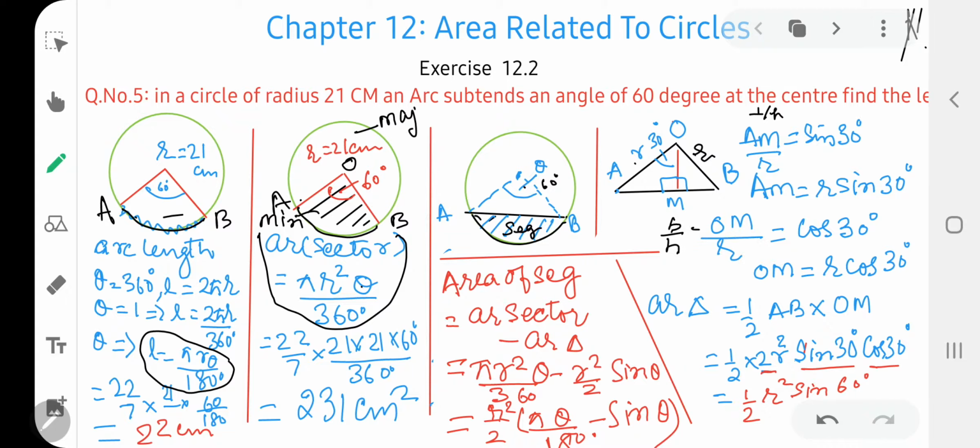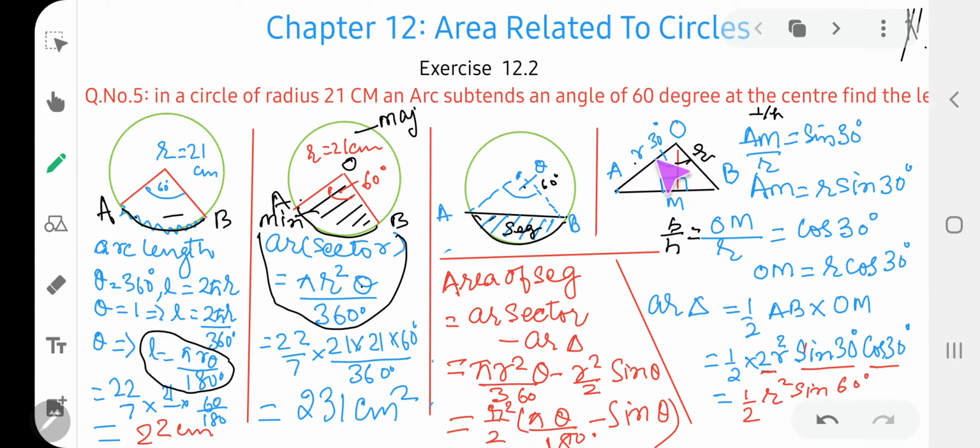So base upon hypotenuse is equal to cos theta, and theta is half here. The perpendicular is dividing the theta into two halves. The total angle given is 60 degrees, therefore this one is 30 degrees. So this is equal to cos 30 degrees, and therefore OM is equal to R cos theta.